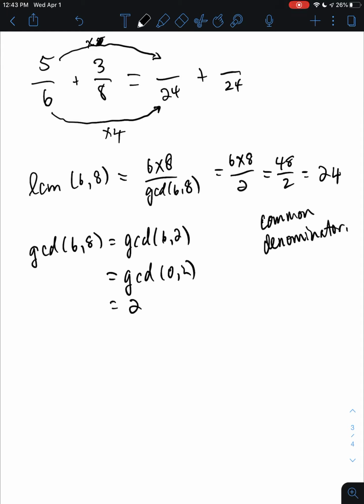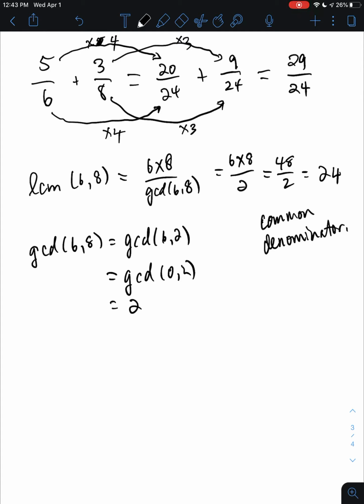Oops, that's a mistake. I multiplied the denominator by 4, so I have to multiply the numerator by 4, and I'm going to get 24ths. Here I have to multiply 8 times 3. So here I multiply again times 3. It's 3 times 3. That gives me 9. And so this final answer here is 29 over 24.